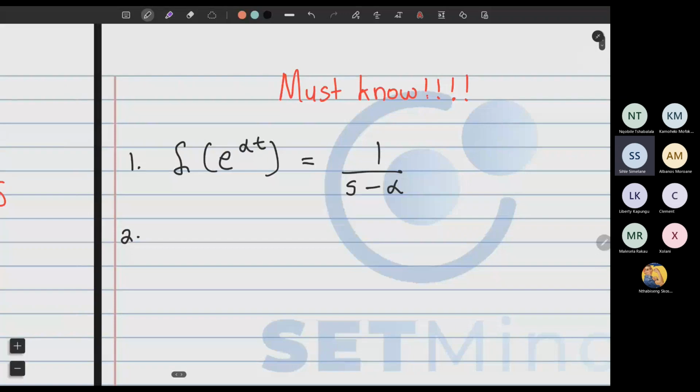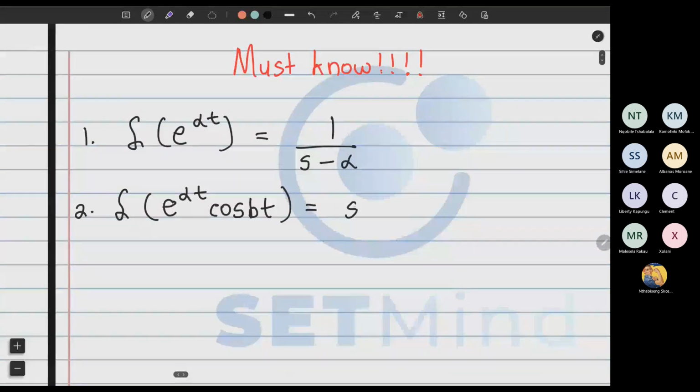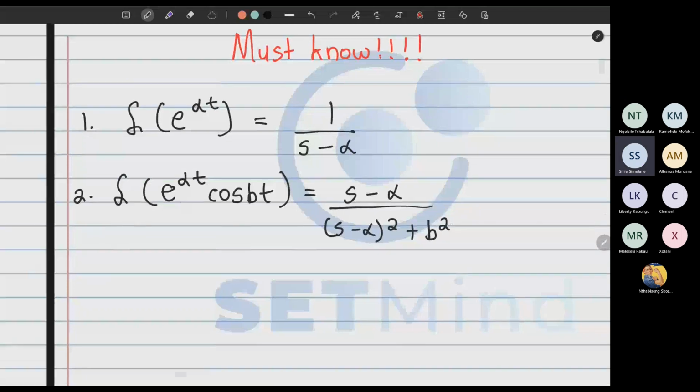Number two, what you need to know is that the Laplace transform of e to the alpha t cos of bt is equal to s minus alpha over s minus alpha squared plus b squared.